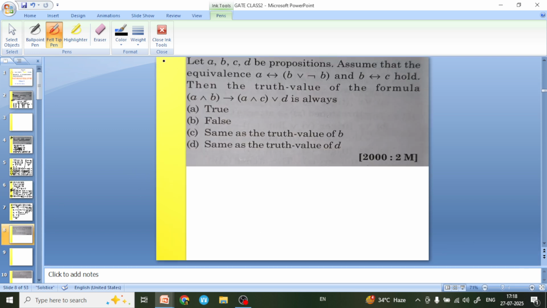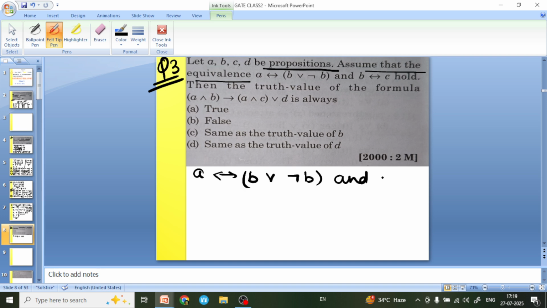Now question number 3. In this question you can see we have given: let A, B, C, D be propositions. Assume that the equivalences A bidirectional B or not B, and B bidirectional C hold.